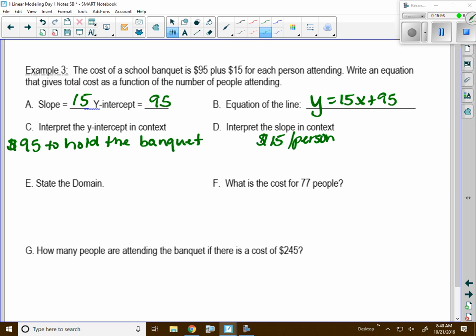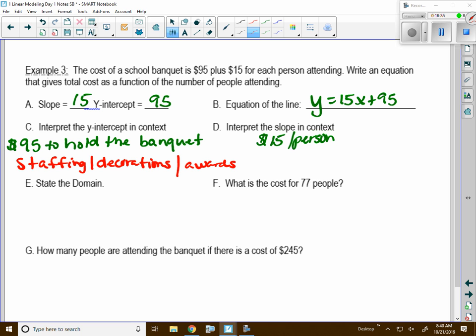Okay, we're going to pause right there, and I want to talk about what this $95 would go to if somebody was holding a banquet. Like, for example, if we had it at school, why would the school charge you $95? Catering. For all of the stuff they have to do. Okay, so staffing, they have to pay staff. Decorations. Okay, awards.